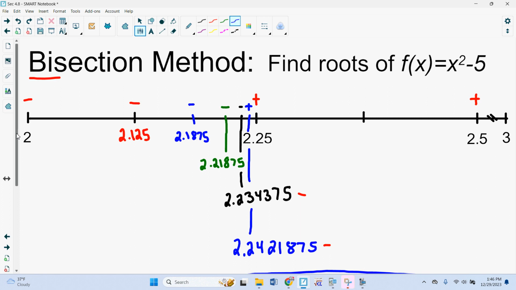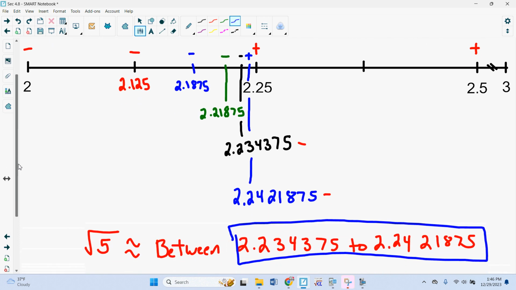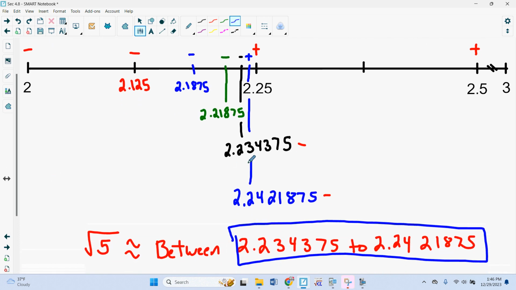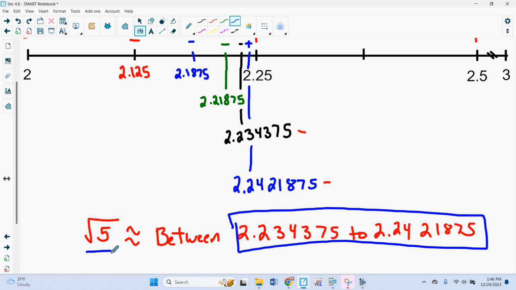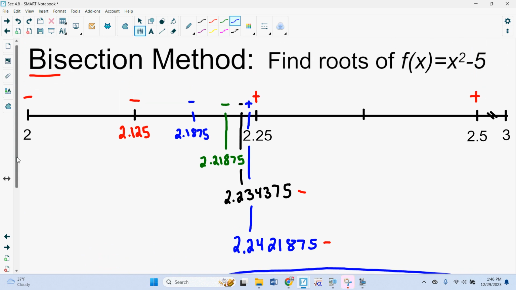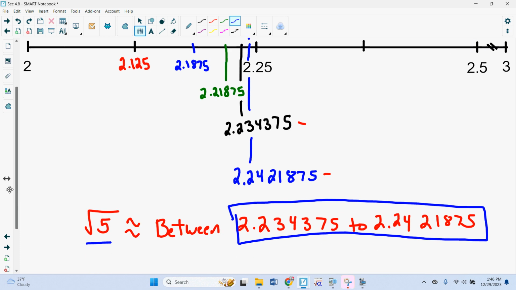There's a method to it, but you're just going in the middle and working your way in. Newton's method is going to be a faster, better way. And notice, we got that accurate without even knowing how to find the square root of 5. All we were doing is dividing by 2, squaring it, and subtracting 5.